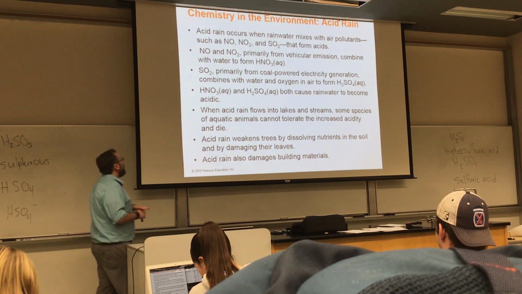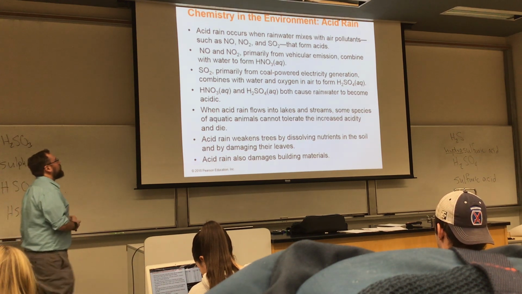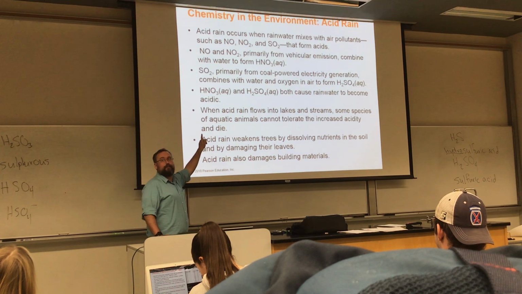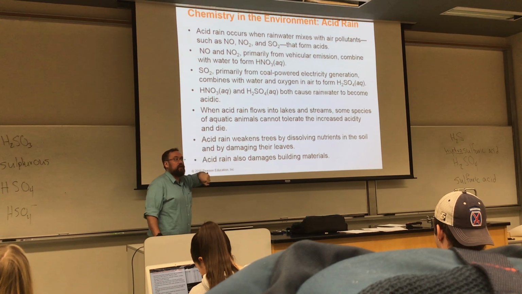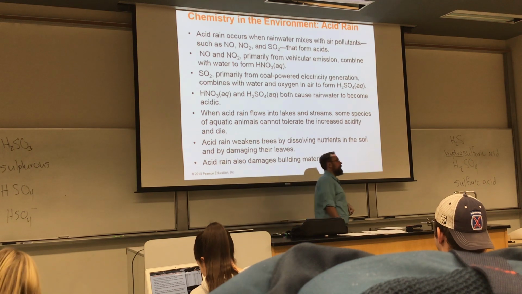NO, nitrogen monoxide, and nitrogen dioxide, primarily from vehicular emission, combine with water to form what? Hydrogen... so it's HNO3. Nitric, or no, it's nitric acid. Nitric acid, yep. How did we get that?